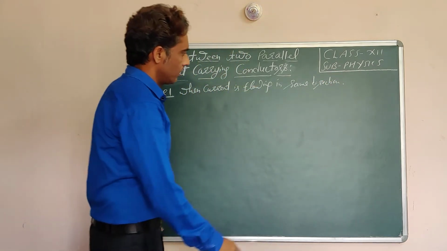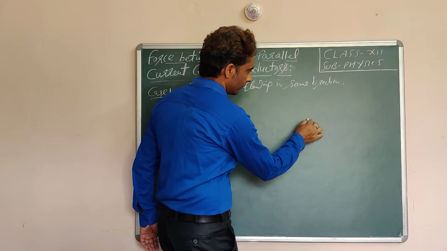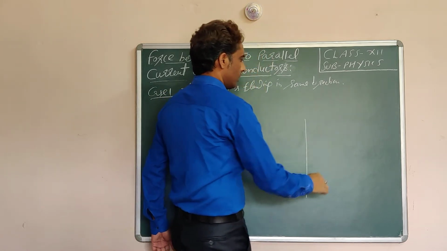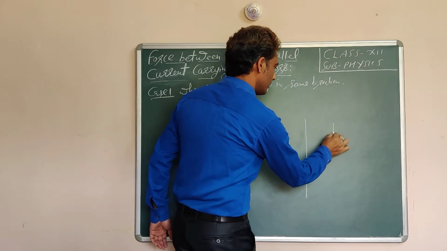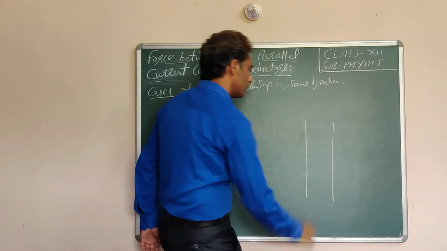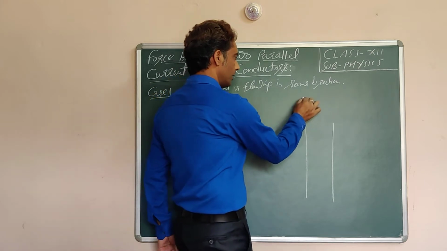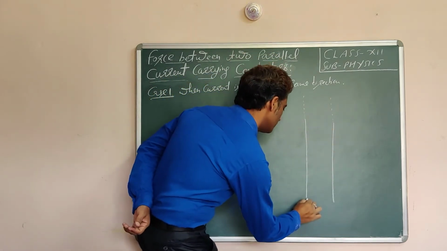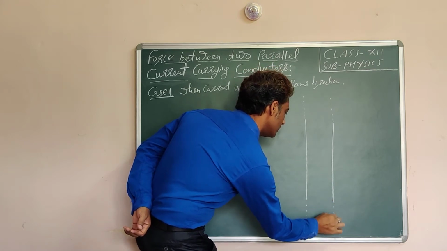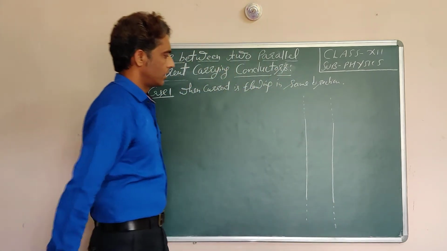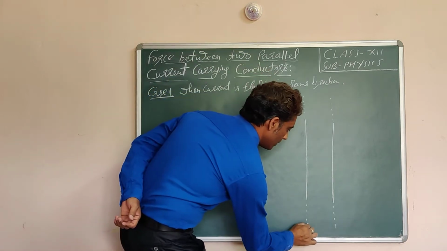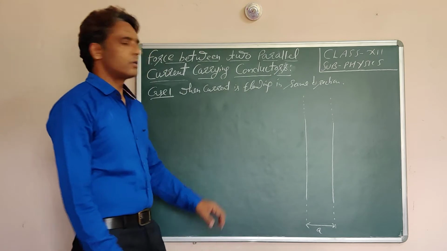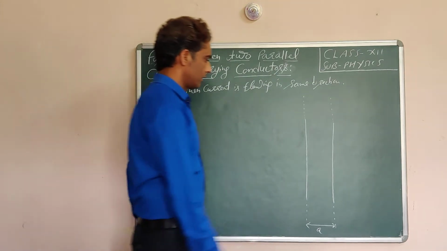So let us consider two conductors which are placed parallel to each other. These two conductors are of infinite length. And let small a be the perpendicular distance between the conductors.